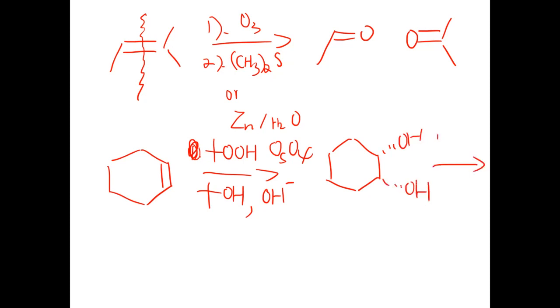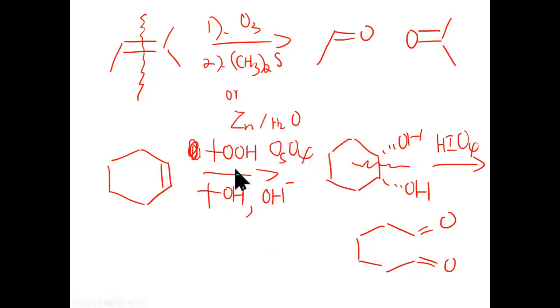Then if you treat with HIO4, you just cut the carbon-carbon bond, so you get the 2 carbonyl groups. So this whole sequence of dihydroxylation and then treatment with periodic acid is equivalent to just the ozonolysis reaction.